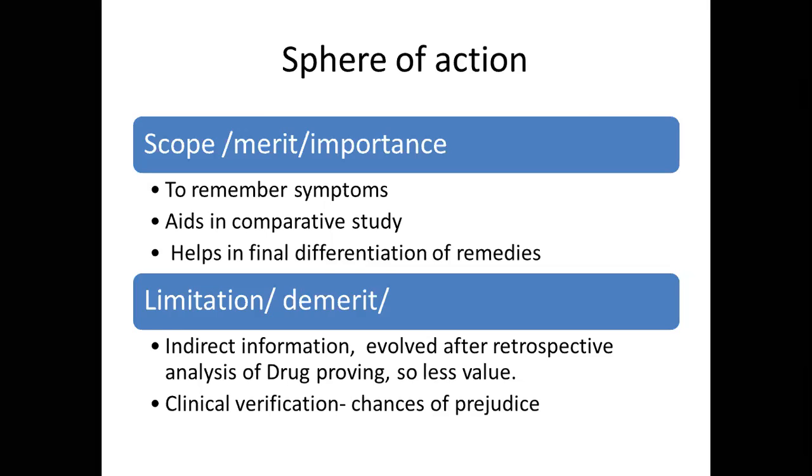If it is podophyllum and aloes, we know from the study of homeopathic materia medica that the prominent sphere of action is GIT, and in that prominent sphere of action, these 2 remedies produce symptoms like diarrhea, while a remedy like nux vomica will be acting on the upper gastrointestinal tract.